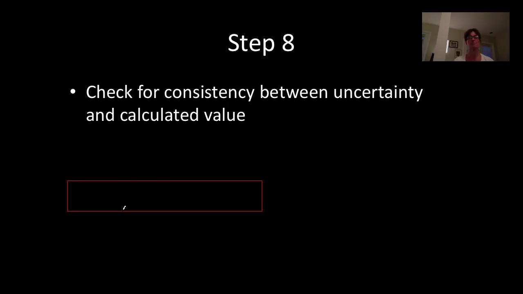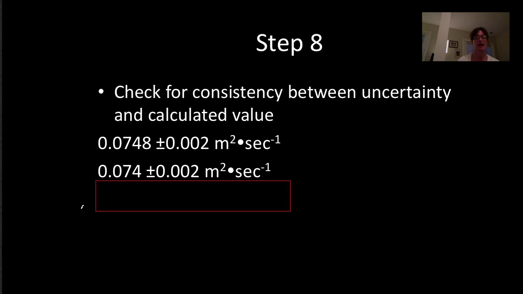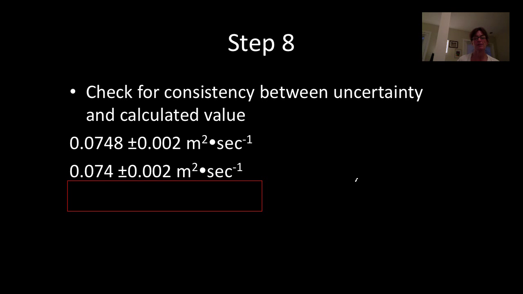So step 8. Check for consistency between the uncertainty and the calculated value. In this case, the uncertainty trumps the calculated value. So I'm going to knock off my last digit here. Now my last significant figure in my number matches the plus or minus value of my uncertainty.